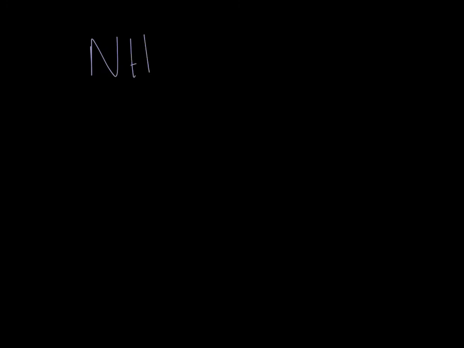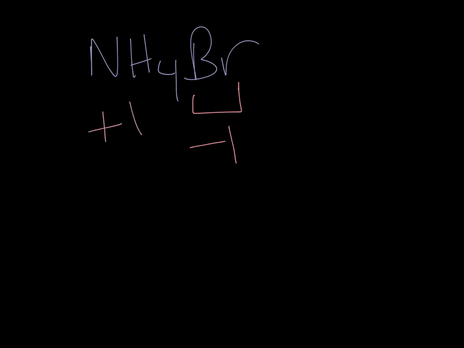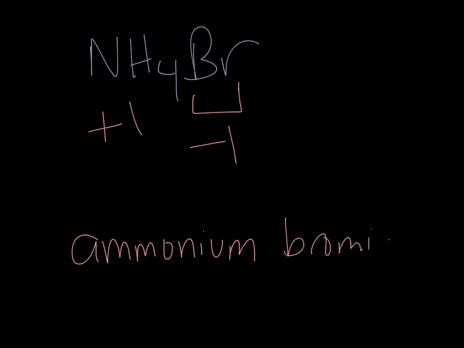Polyatomic ions can also be positively charged. So if we look at this example here, we'd recognize bromide at the end, so that's a -1, so this whole thing must have a +1 charge. The name of this is ammonium, which is the name of that polyatomic NH4+ ion, and then bromide.